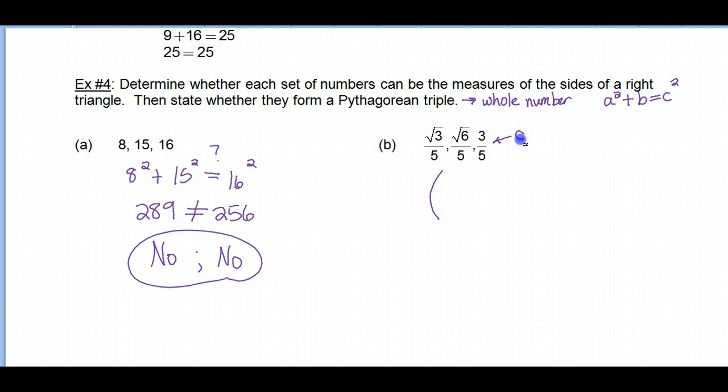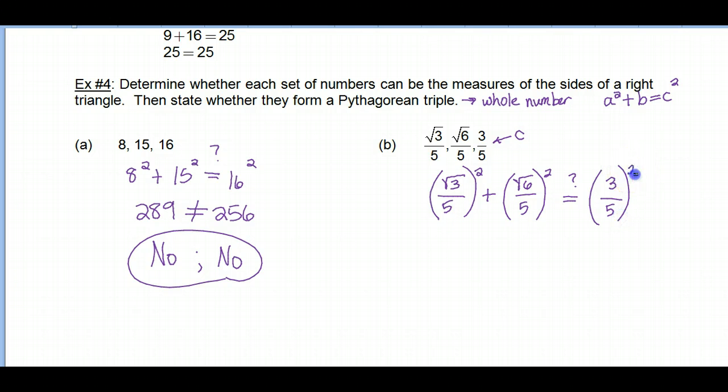If you're not sure, you could plug in the square root of 3/5 and the square root of 6/5 and actually compare the decimal approximations. So when we square, be careful in this one, because you want to square the numerator and the denominator. Some are under radicals, some are not.